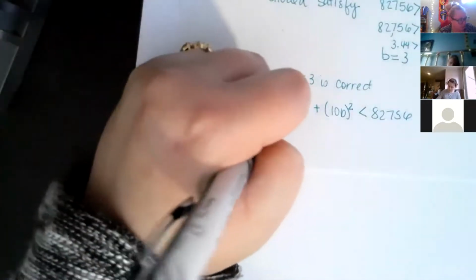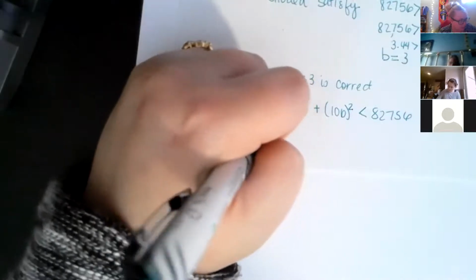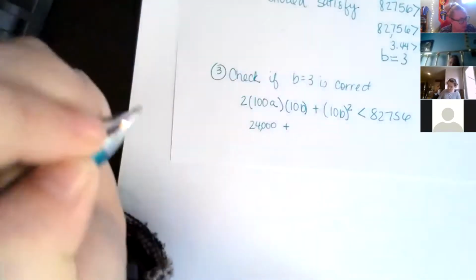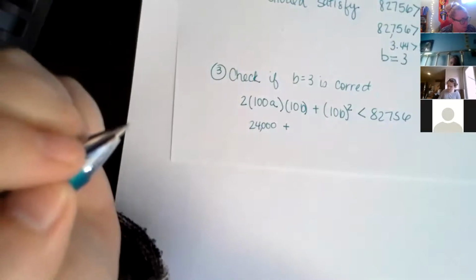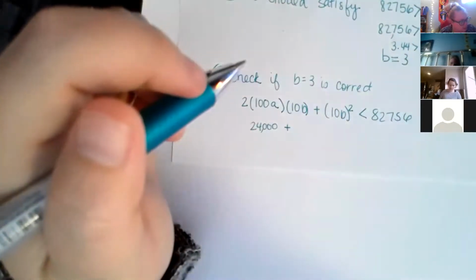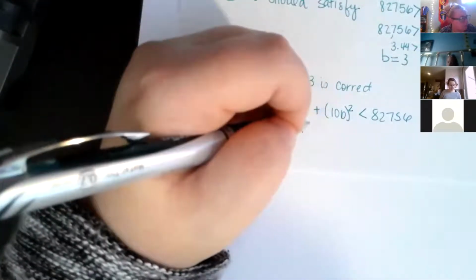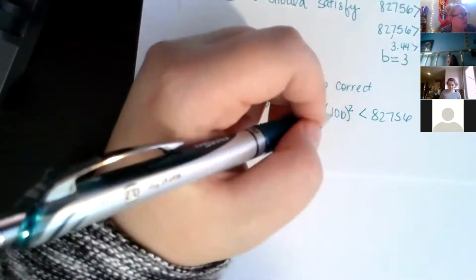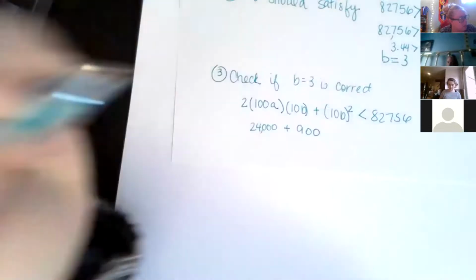So that's 24,000 plus 900. 30 squared is 9 with 2 zeros, 900.